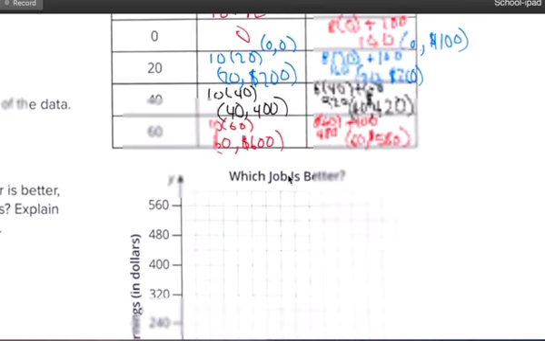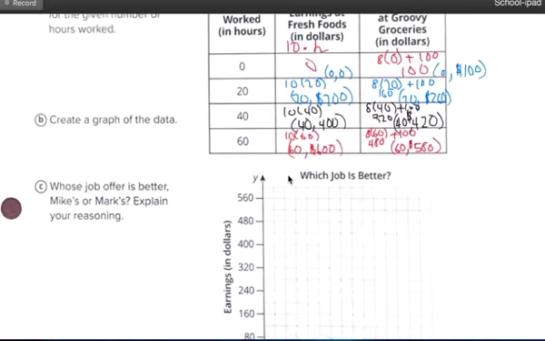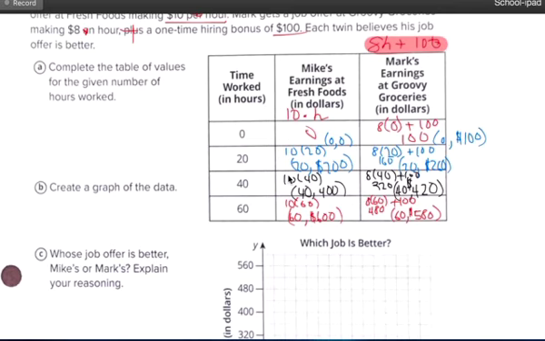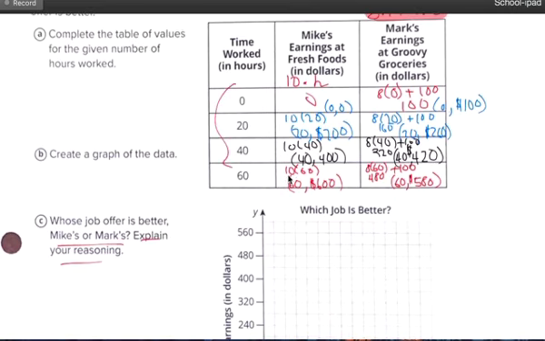All right, so let's graph this. Whose job offer is better, Mark's? Explain your reasoning. Well, up to 40 hours, Mark will make more.